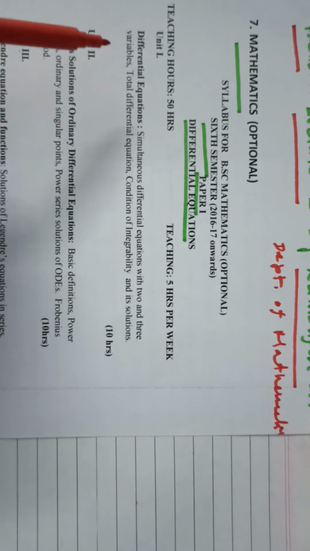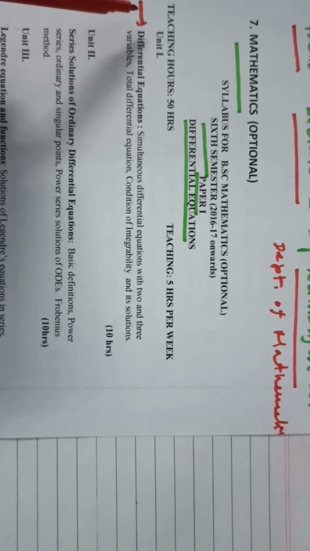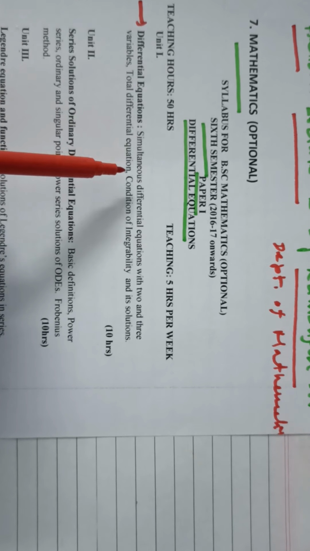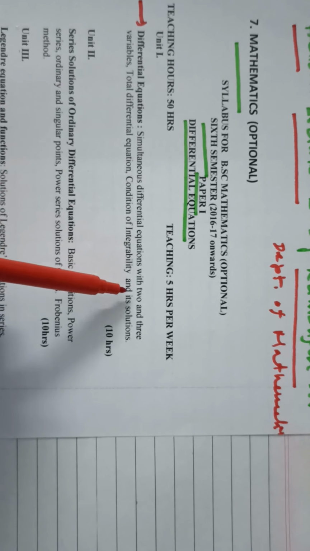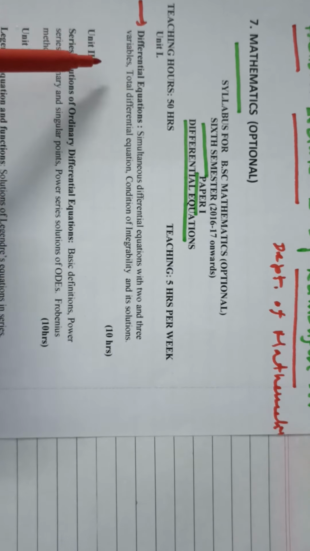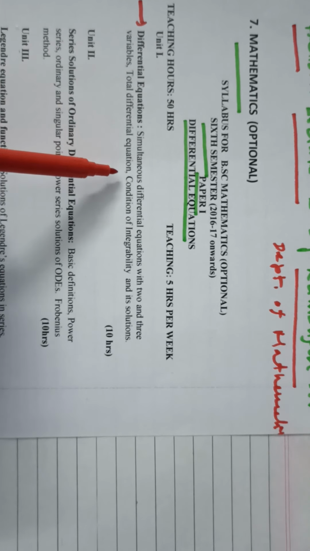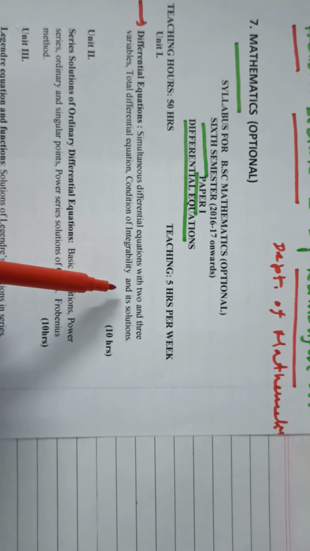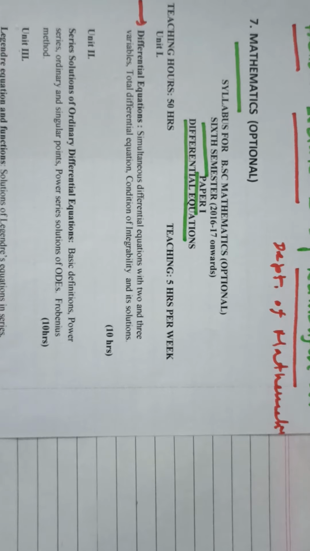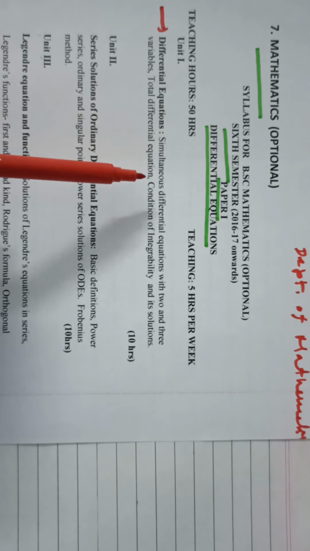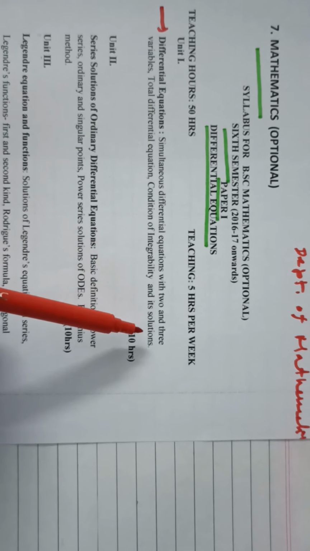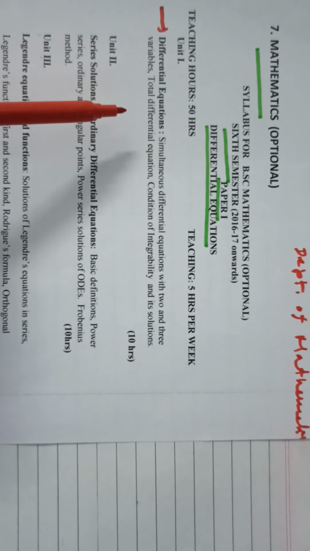In unit 1 differential equations, we have the subtopics: simultaneous differential equations with 2 and 3 variables, total differentiation, condition of integrability and its solutions. So, simultaneous differential equations with 2 and 3 variables.